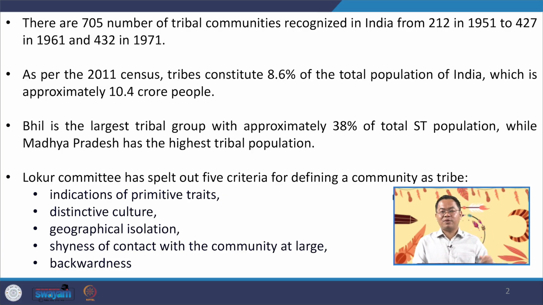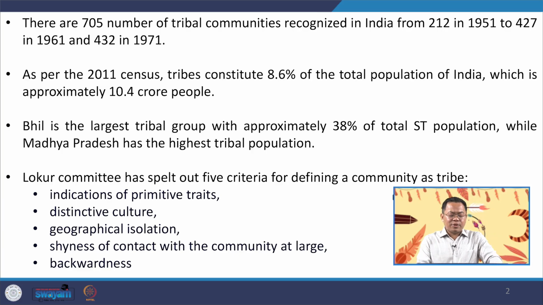For instance, it was 212 in 1951, 427 in 1961 and 432 in 1971. Today the number has gone up to 705, and tomorrow who knows, the number may go even beyond 800. What this means is that over a period of time, more and more communities are being identified and categorized as scheduled tribes.